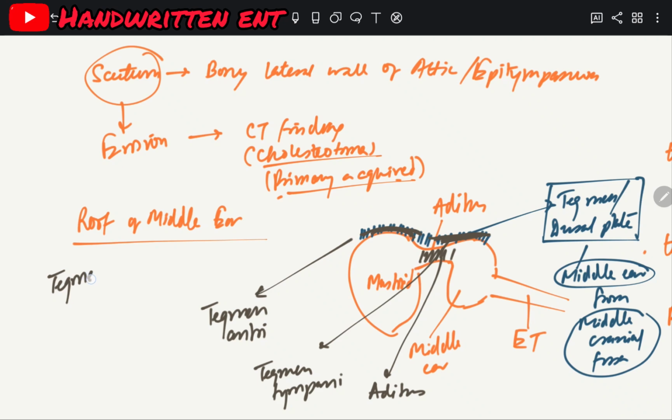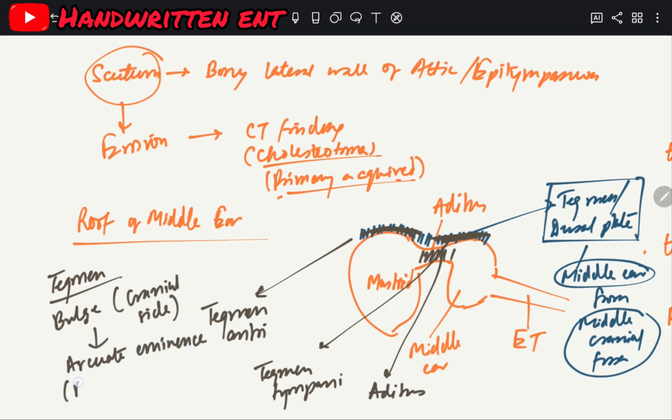The tegmen has a bulge which can be seen from the cranial side, known as the arcuate eminence. It is due to the bulge of the superior semicircular canal.